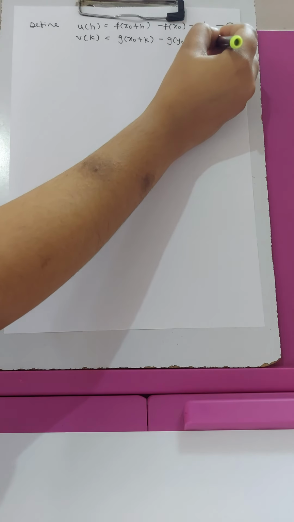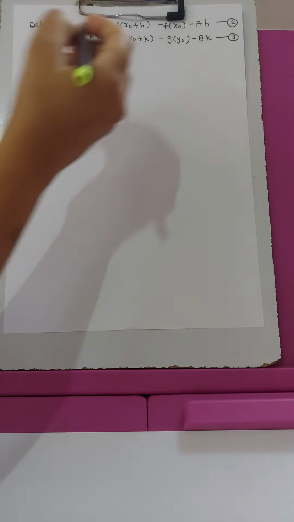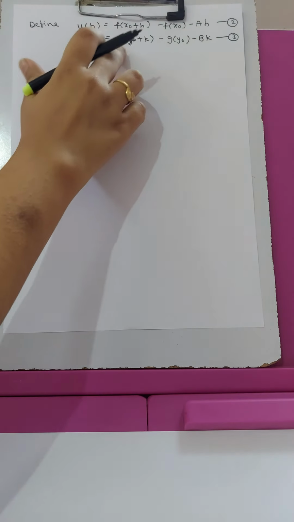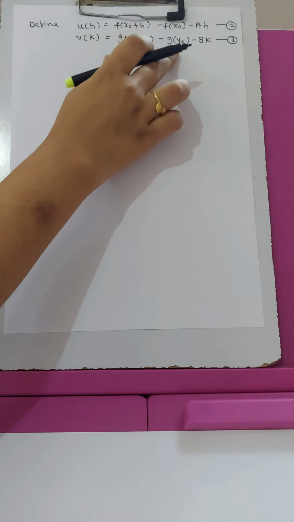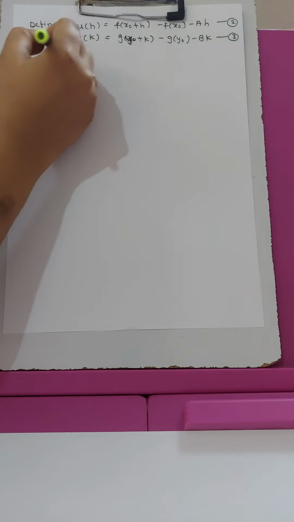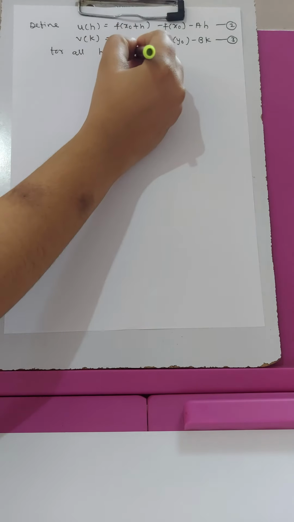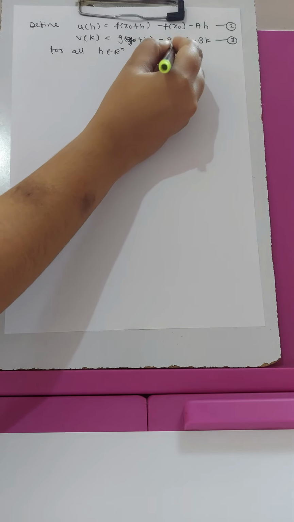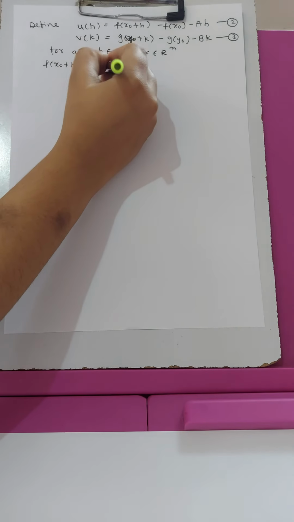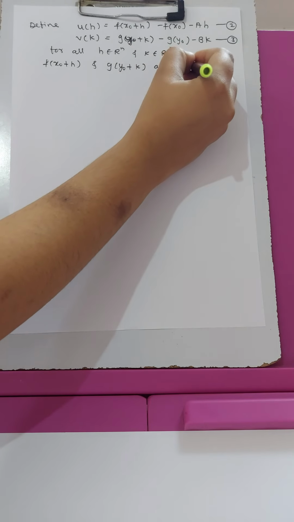Let it be number 3, for all h belonging to Rn and k belonging to Rm, for which f of x0 plus h and g of y0 plus k are defined.